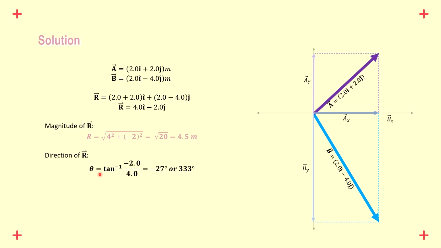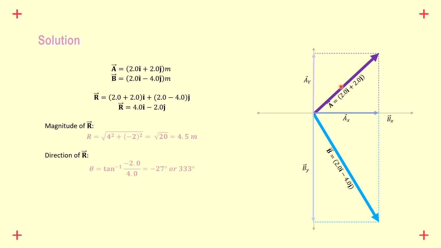Negative 27 is acceptable, but positive 333 is the angle measured from the positive x-axis going counterclockwise. It is negative when the angle is measured clockwise. Counterclockwise goes from the positive x-axis to the left, and that will give us 333.